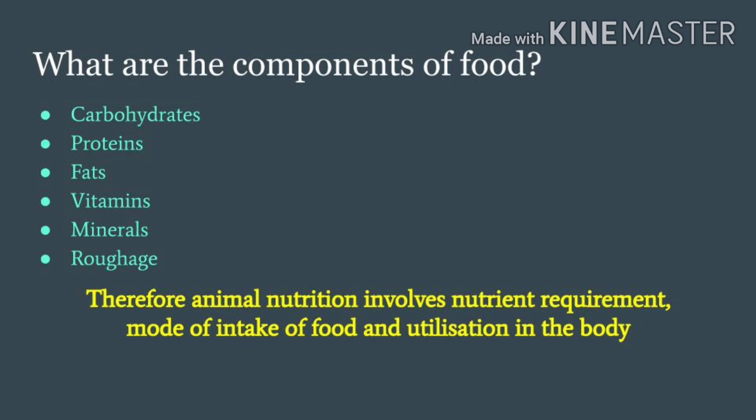Now, we'll see how the body utilizes this. So, any animal nutrition requires the nutrient requirement, then it has to intake the food in some form. There are various forms in which animals intake food, and finally, the body has to utilize it. So let's see some methods of intaking food.